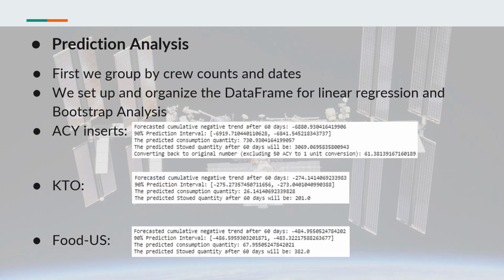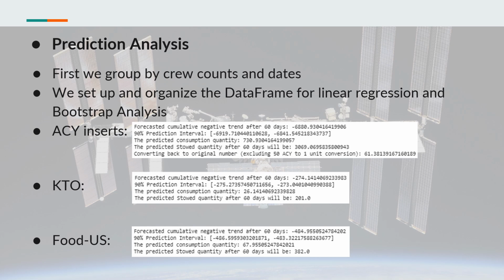So for the prediction analysis, we grouped by crew counts and dates, and utilized the linear regression slope. We set up and organized the data frames for, firstly, linear regression with the actual data, and we chose the bootstrap analysis with 1,000 sample distributions.